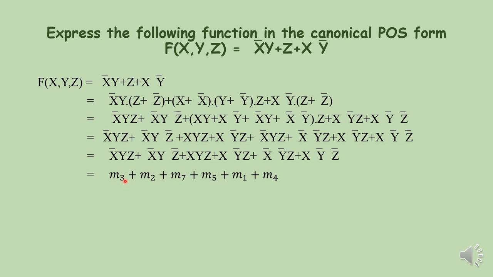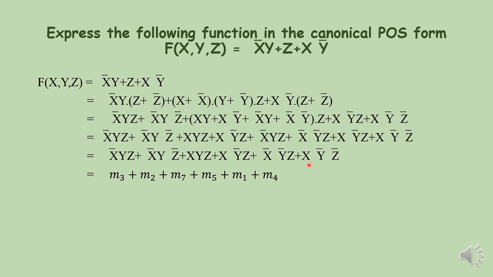So this is the ultimate min term expression of canonical SOP form. This is a non-canonical SOP form and this is a canonical SOP form. Why is it called canonical SOP form? Because all three variables are present in each and every term of this expression.